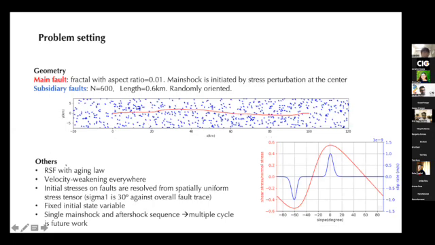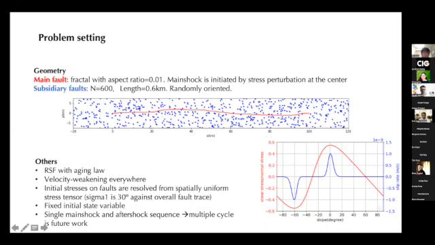And other settings are as follows. All the fault elements are governed by the rate and state friction law with aging type evolution law. And all the elements are velocity weakening. The initial stresses on the fault are resolved from a spatially uniform stress tensor, in which sigma 1 makes 30 degrees against the overall fault x-axis.